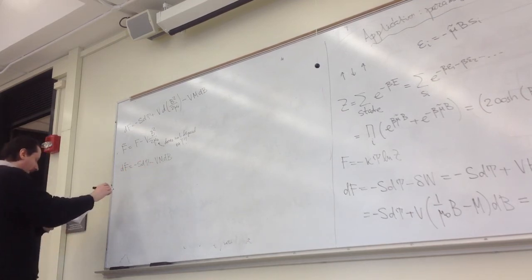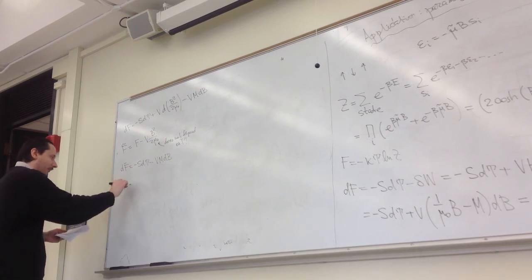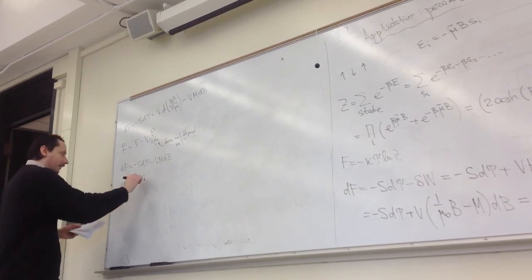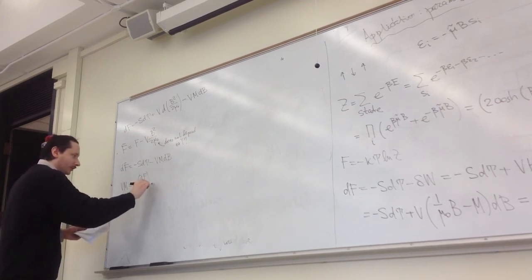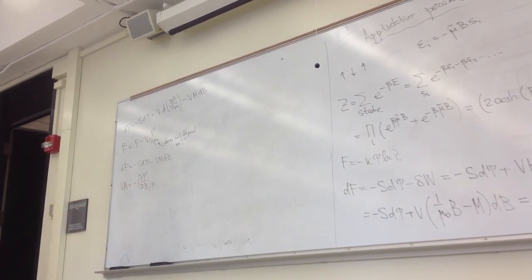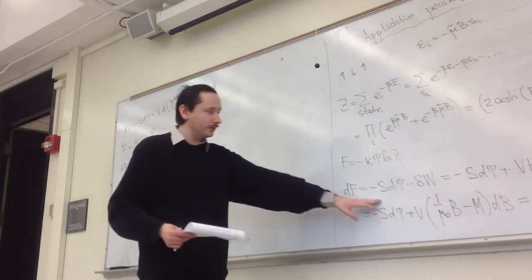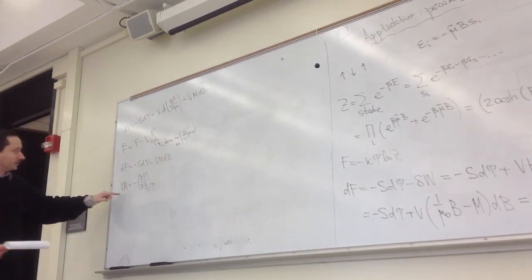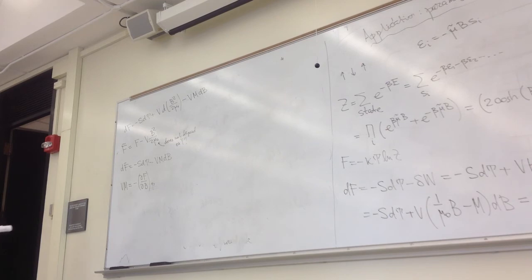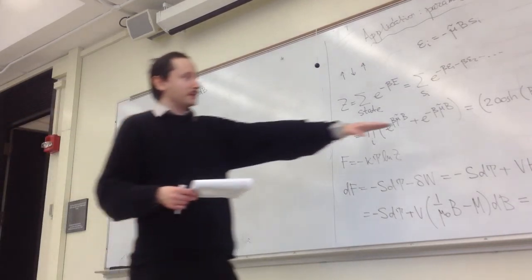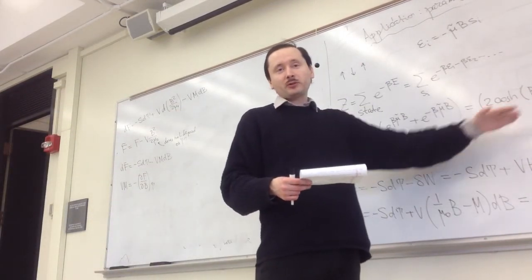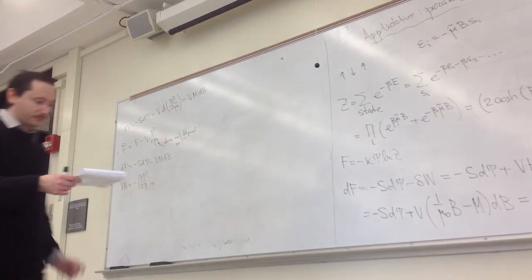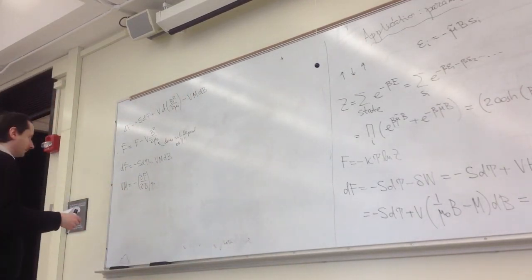From here, I conclude that V times M is equal to minus dF/dB at constant temperature. That's what I was after. I want to compute magnetization, and this formula, along with this redefinition, allows me to compute it. So now I just have to take this expression, differentiate it with respect to B, and I get my answer. That's dF tilde.